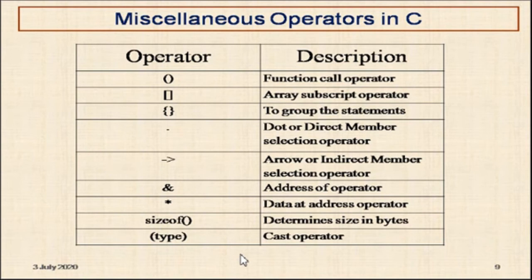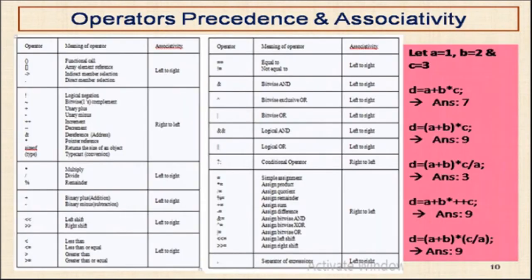I can use the statement within brackets int followed by 2.5. 2.5 is a floating point value, but the type I have given is int, so it will be converted into integer type and provide only 2. So for this we can use the type operator or cast operator.